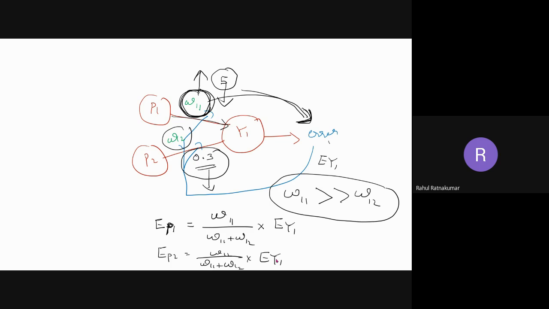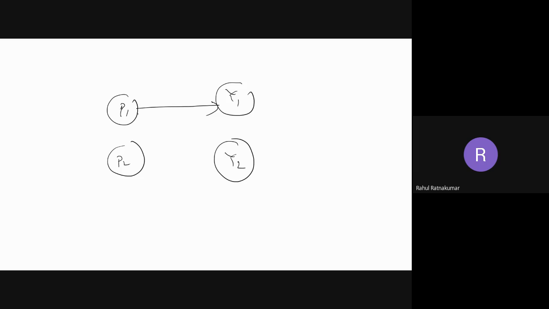Now what if there are two outputs? So there are P1, P2 connected to Y1, Y2. P1 will be connected to both of these two neurons, and at the same time P2 is also connected to the first neuron and second neuron.